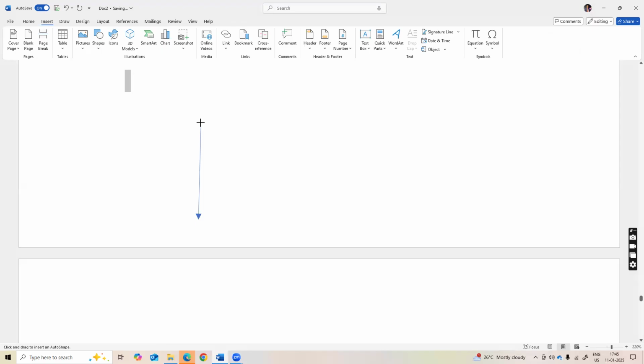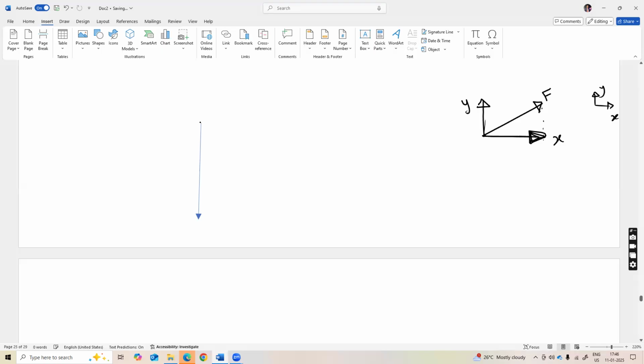One thing first I would like to tell you: if you have some force, let's say F, and if this is the X direction and this is the Y direction, then its component along the X axis is basically its projection on the X axis. Got it? Yes, sir. And its component along the Y axis is its projection along the Y axis.